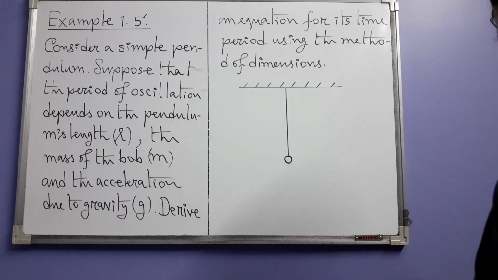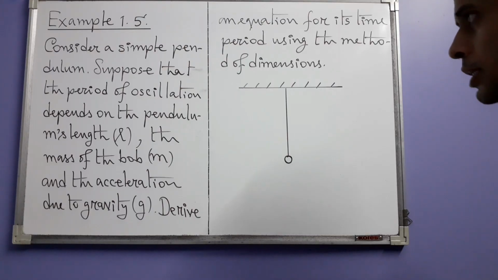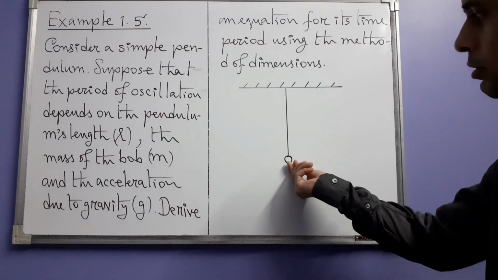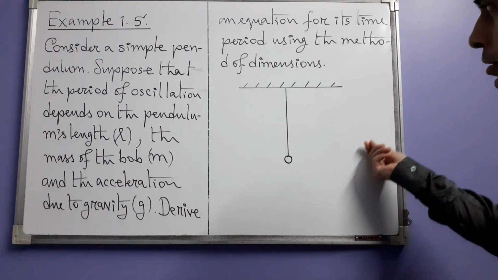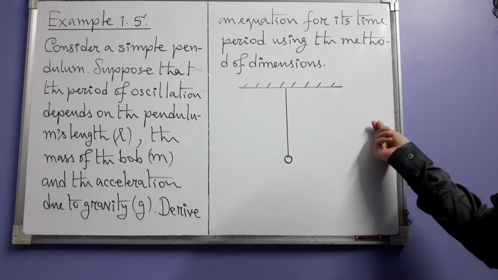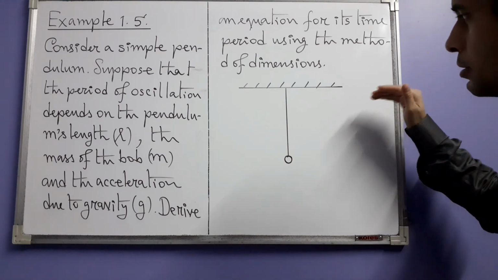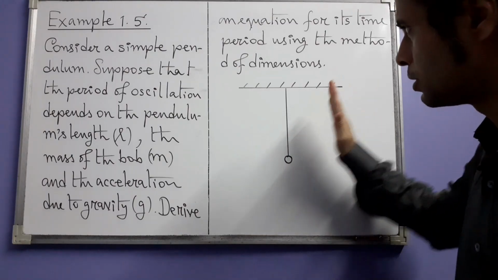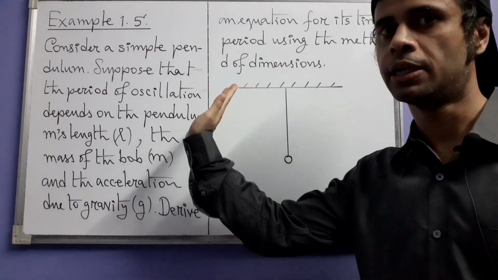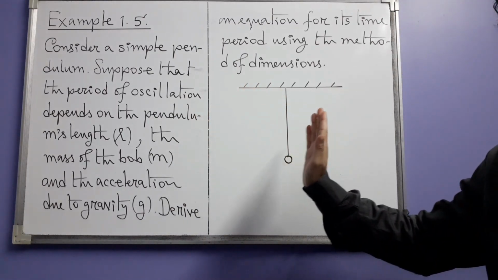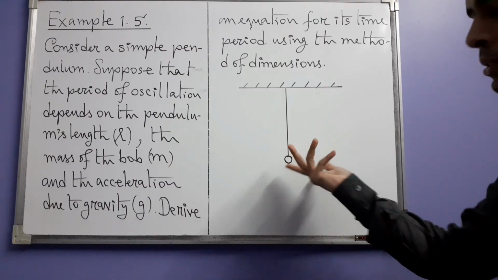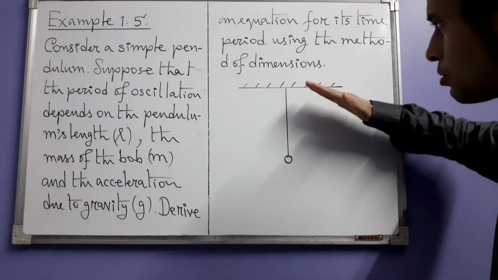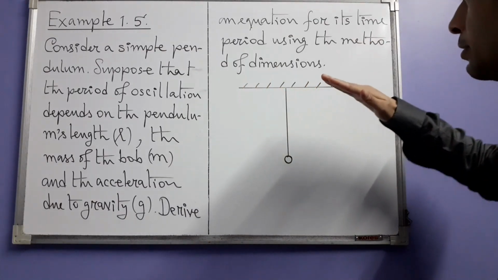And what is time period? Well, what does a pendulum do? It oscillates. How does it oscillate? You grab the bob and draw the pendulum like this on one side and then you release. So the pendulum comes down, goes to the other side due to inertia and then again comes back. Due to gravity, you already know more or less about this process. So it swings back and forth like this.